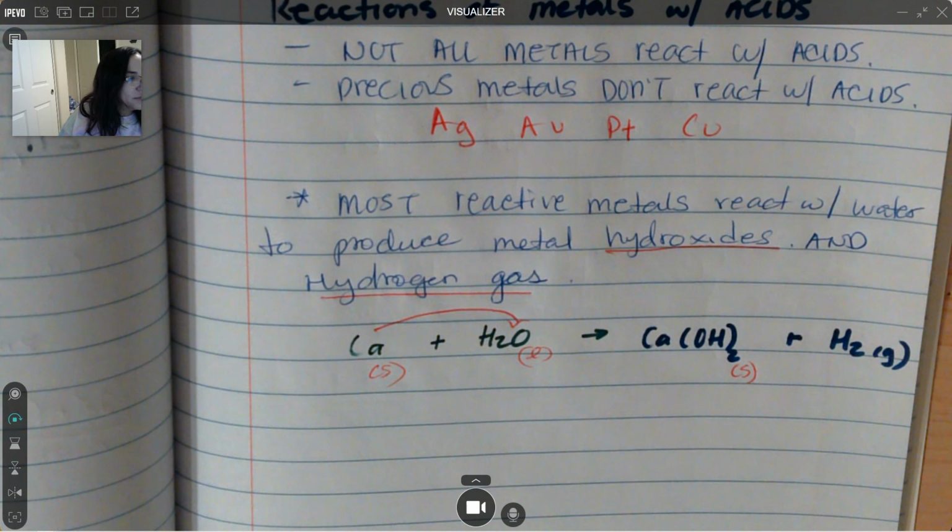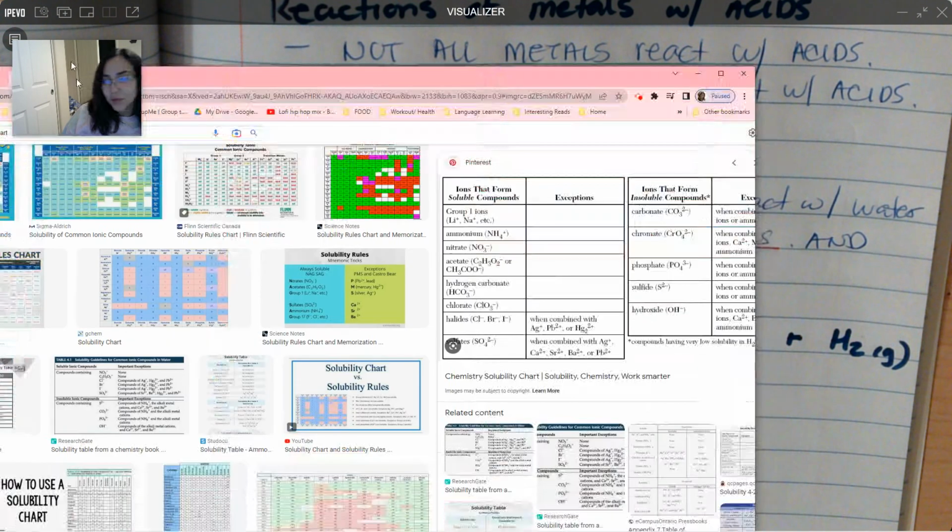So let's do another one. They are not popping up the way we want them to. Well, we could also look at the solubility rules.